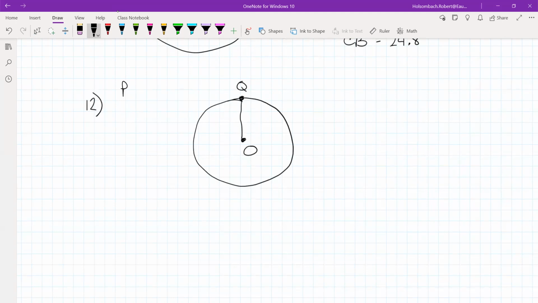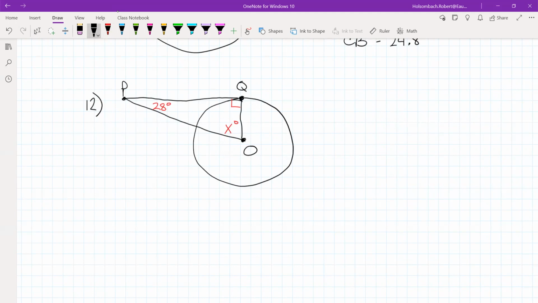And then we've got point P out here, and P connects to Q. It forms a tangent. And then P connects to O. So you're told to assume that lines that appear to be a tangent are a tangent. So if PQ is a tangent, then it forms a 90-degree angle. You're told that the measure of angle P is 28 degrees. And you need to find X.